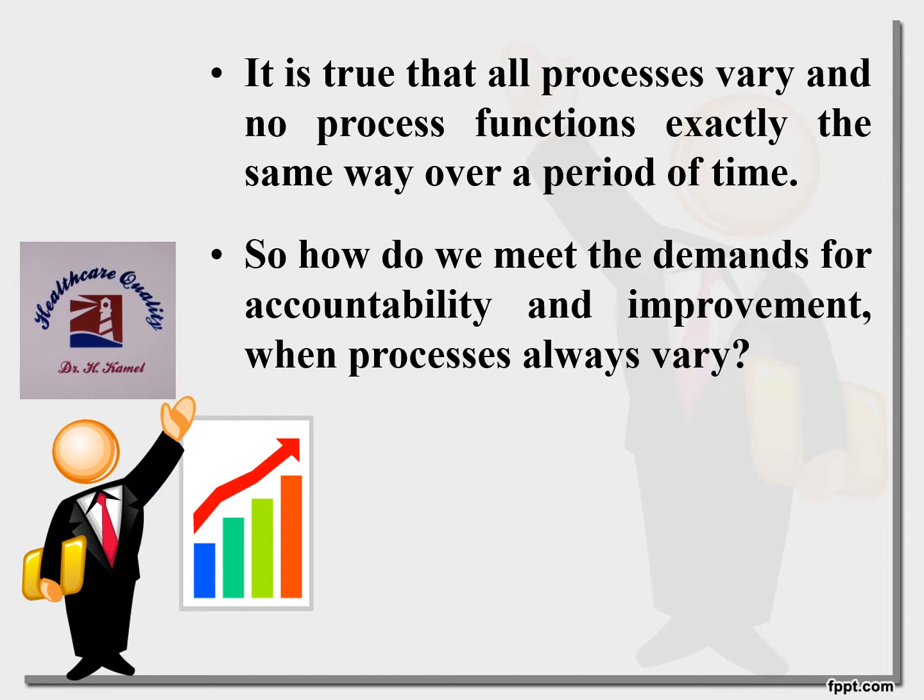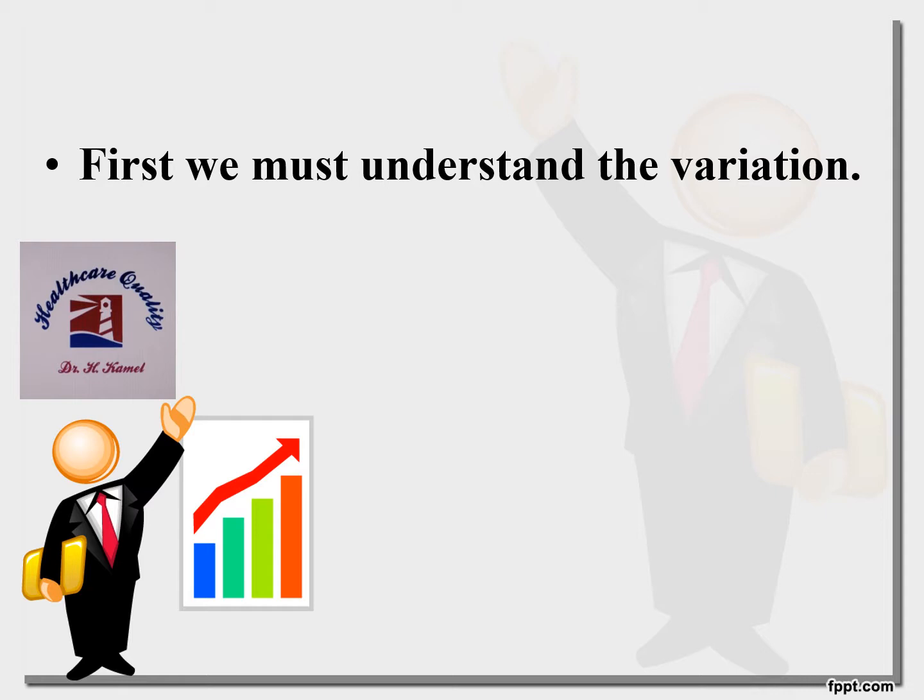It is true that all processes vary, and no process functions exactly the same way over a period of time. So how do we meet the demands for accountability and improvement when processes always vary? First, we must understand the variation.